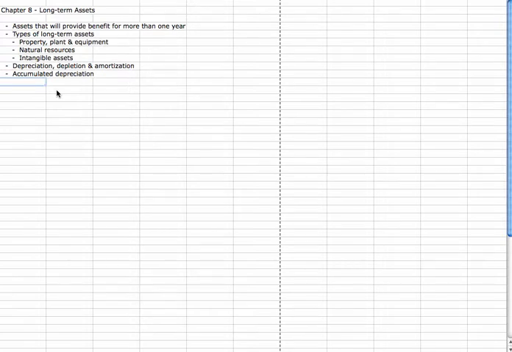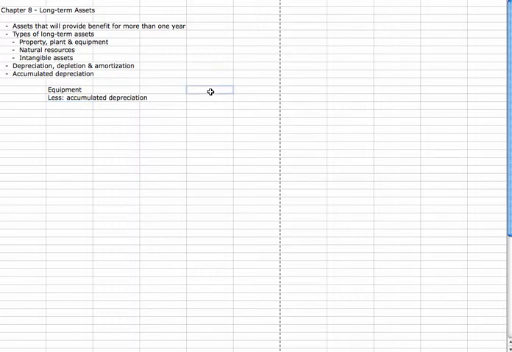So on our balance sheet, we should have an asset account such as equipment, less accumulated depreciation. Equipment, which is property, plant, and equipment, would be the name of our long-term asset. We subtract out our accumulated depreciation, which is all the depreciation we've taken on this particular asset as we've owned it.